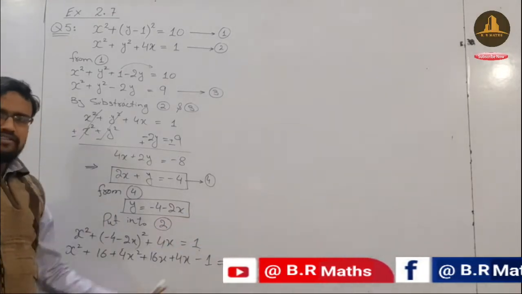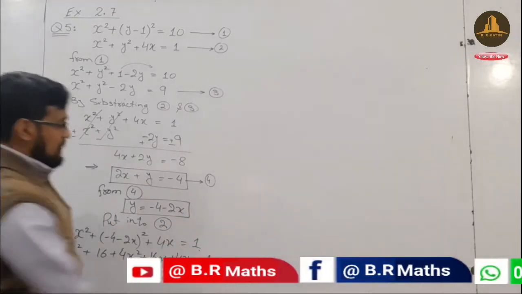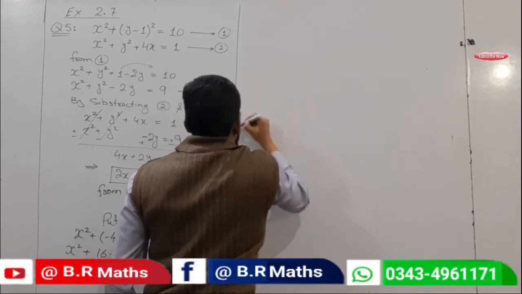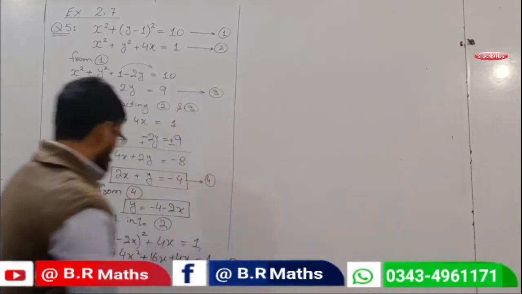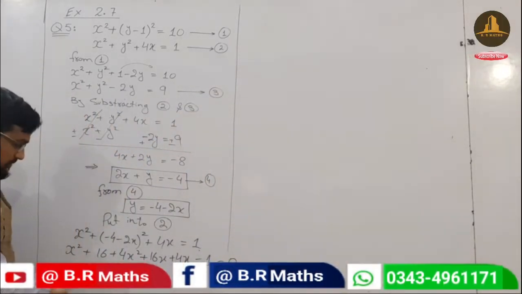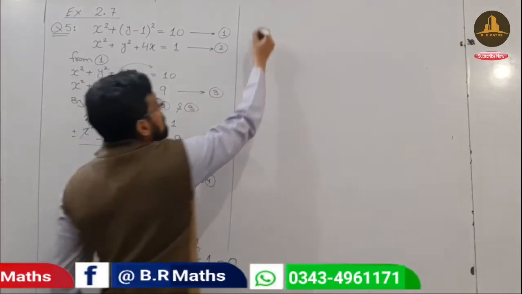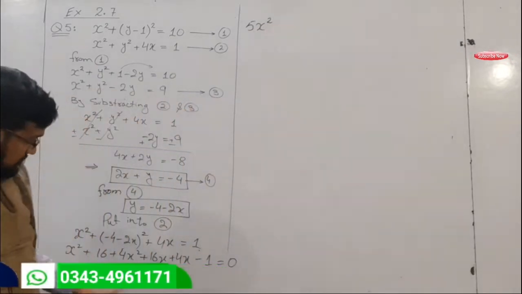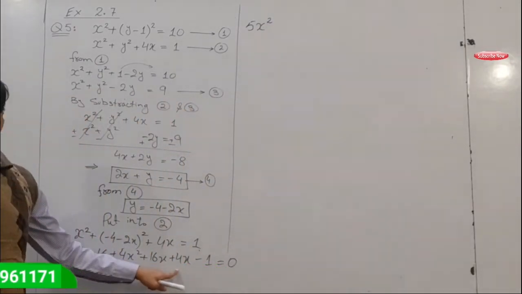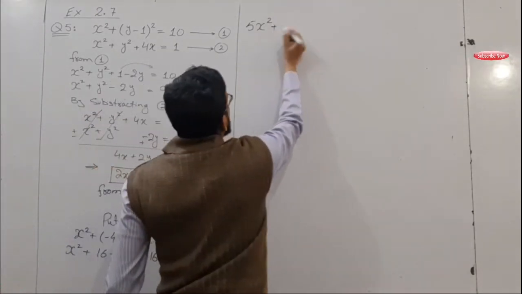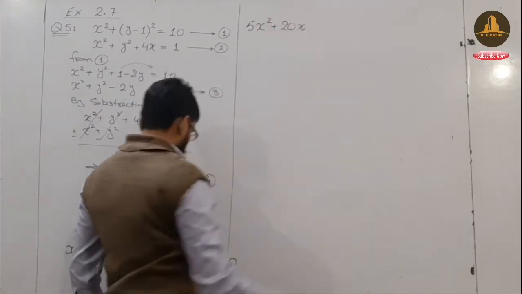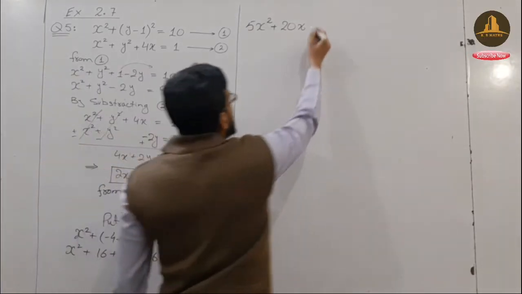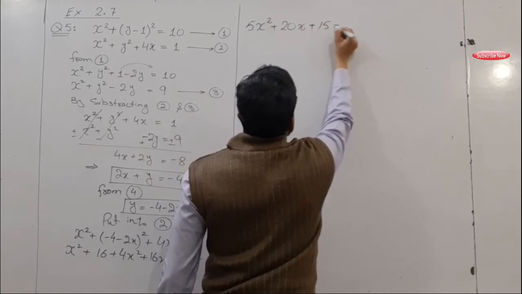Plus 1 becomes minus, separate and form a quadratic equation. x square plus 4x square becomes 5x square, 16x and 4x becomes 20x, and 16 minus 1 becomes 15, so 5x square plus 20x plus 15 is equal to 0.